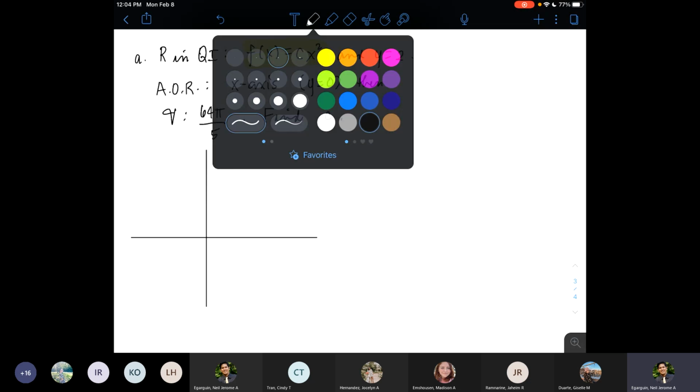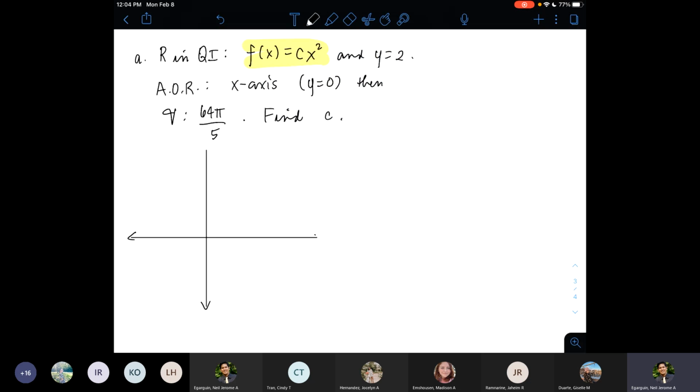The effect of the value of c is on the opening of the parabola, because if c is positive, it opens upward. If c is negative, then it is opening downwards. And c also determines the width of the parabola. But basically, it's a parabola opening up or down.